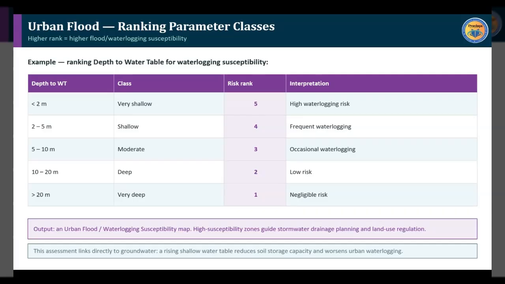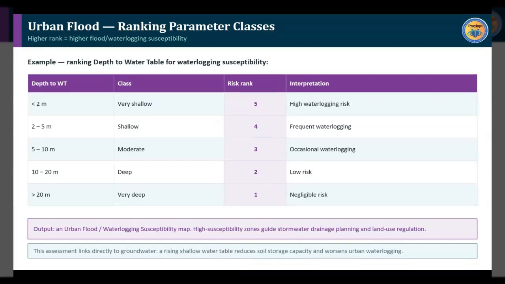You will find that in all these three assessments, slope was appearing in all three. Soil, you have seen it is appearing in two. Rainfall appears in all three. Then drainage density and recharge, they are also recurring. The same fundamental layers will get reused, just ranked differently depending upon what is the question that you are trying to address.